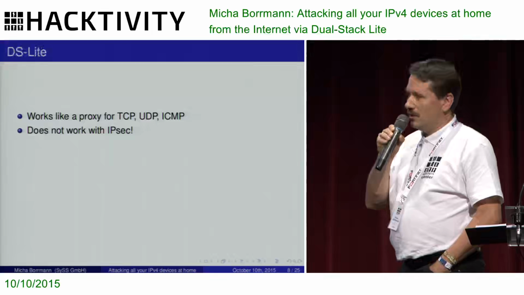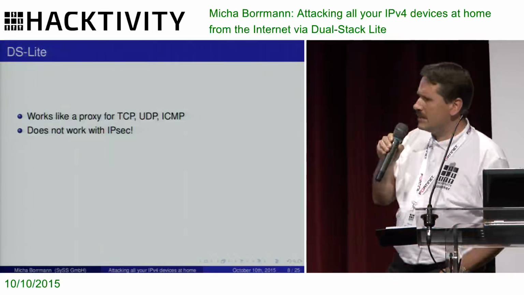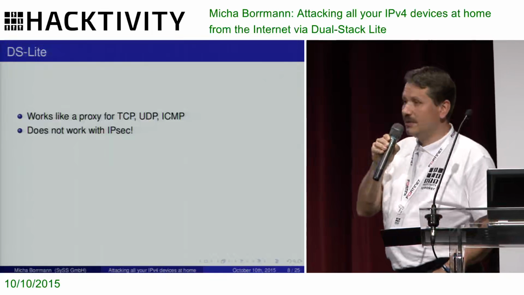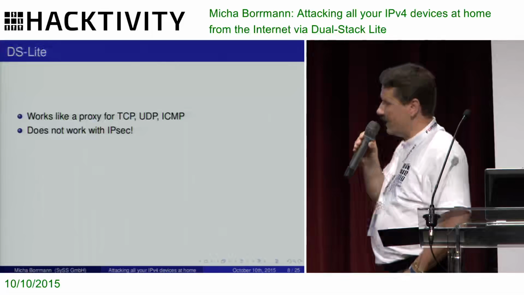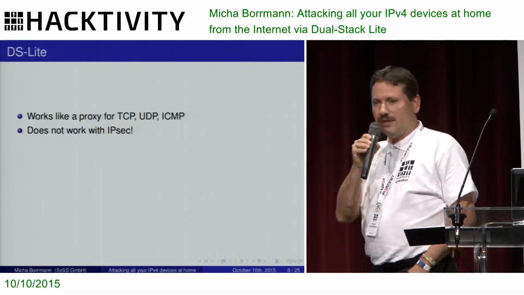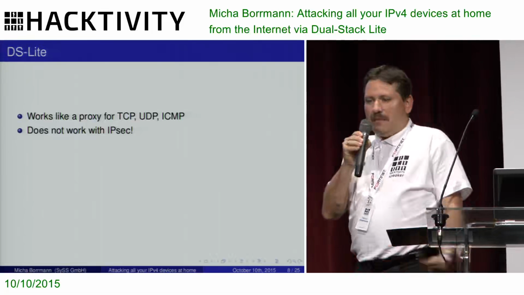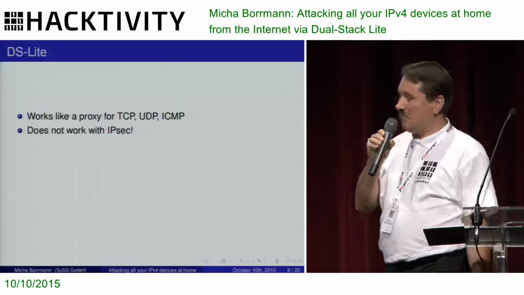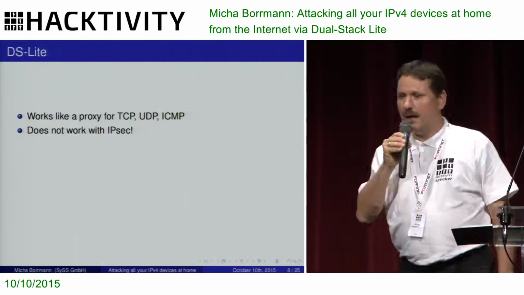And I know big companies in Germany, that's where I come from, that have users who use the VPN connection with their IPsec gateway. They cannot use it anymore because they have at home such a Dual Stack Lite internet access, but they don't understand what happens here. They only call: it's not possible to use the VPN to our company, I cannot work anymore.